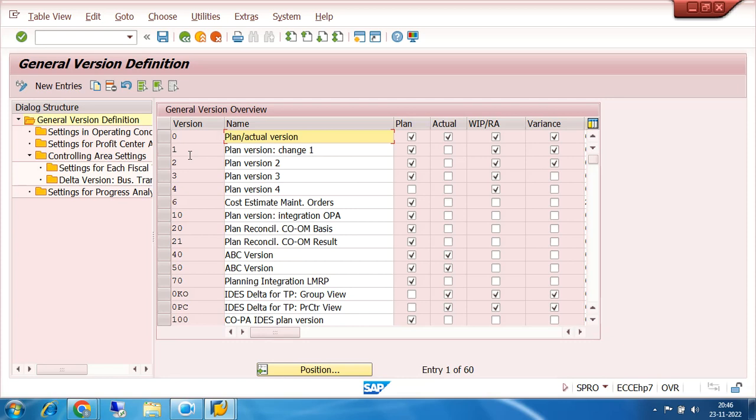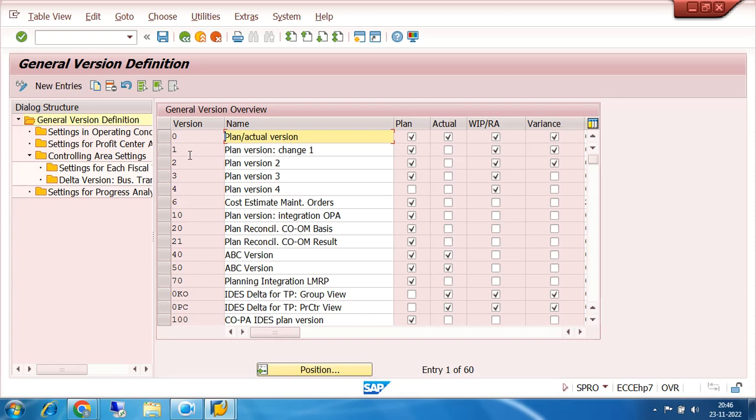So many organizations nowadays do the planning, but if there is some contingency, if some situation changes, they change the first plan and adopt the second plan. Similarly in SAP controlling also, we can make the plan, we can make a second plan, we can make a third plan, and every plan will be called a version.